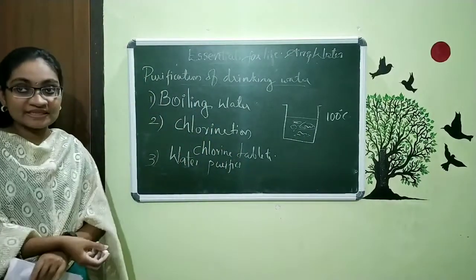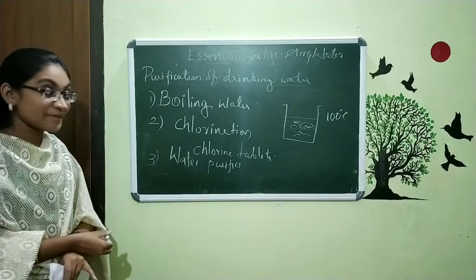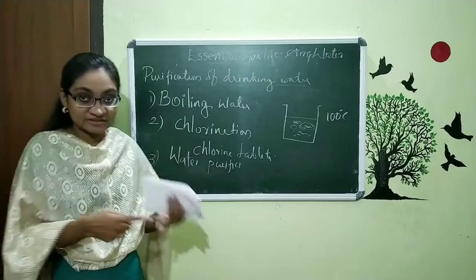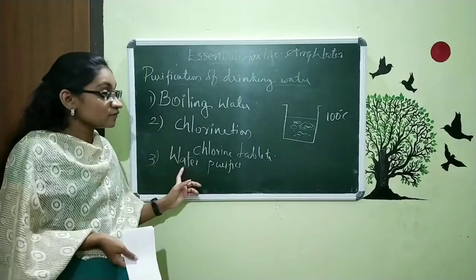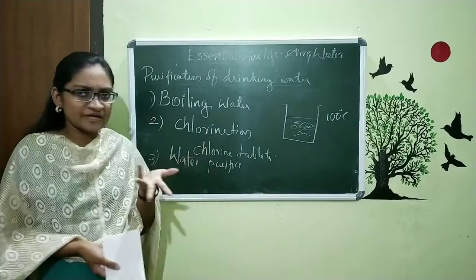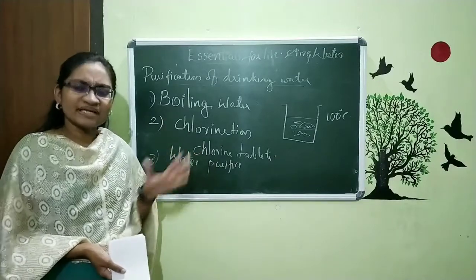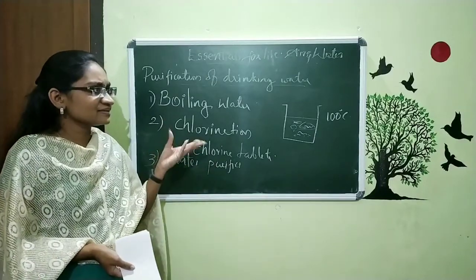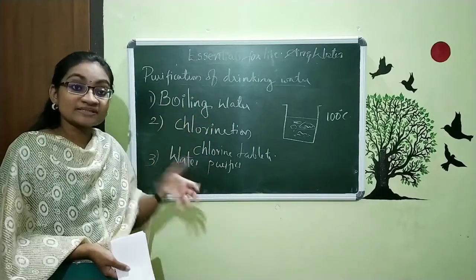Water purifiers. That means some devices or machines, like our refrigerator, television, water heater. Like that, water purifiers are there. You may have water purifiers in your home. Inside that, working with electricity, we just give water to that, and it automatically works and kills the germs.